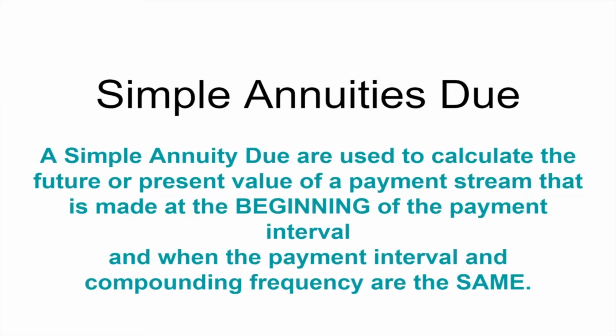Now, there are two types of annuity due, as we've seen. There are two types of annuity, and there are also two types of annuity due. The first one we talk about is the simple annuity due, which is the same as the simple annuity, it's just a due.